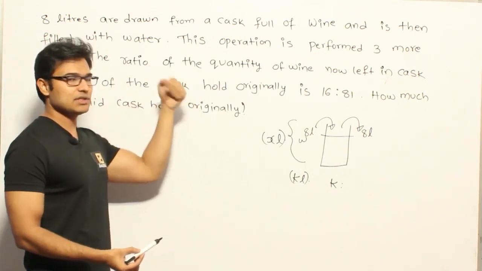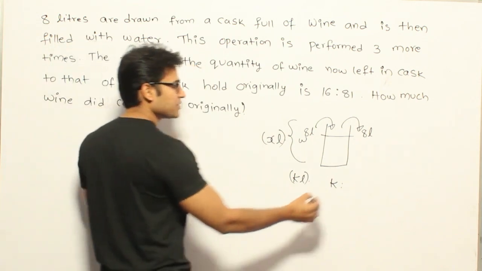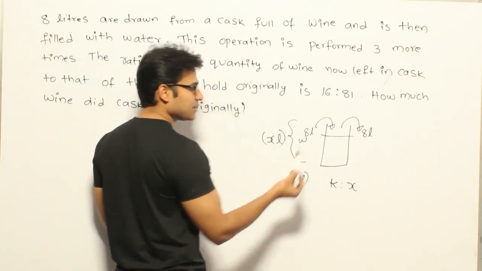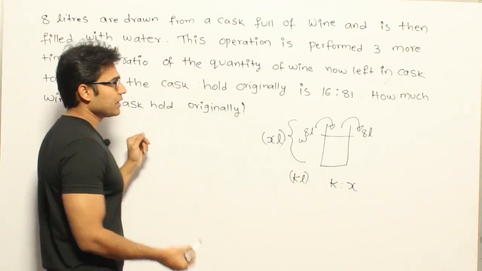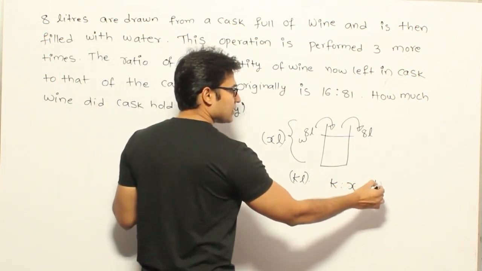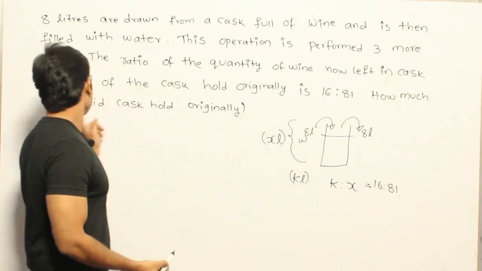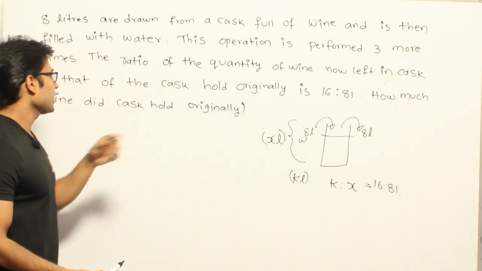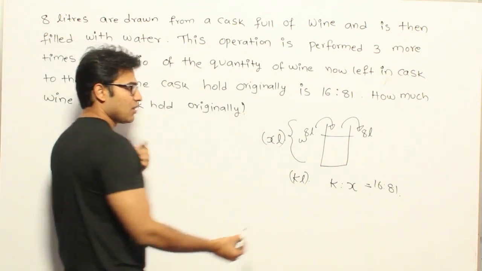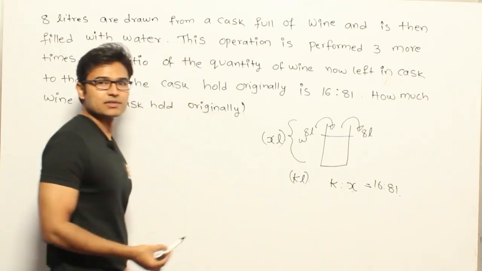Cask hold originally means initially, however much was there. So if you assume that x liters was there, then they are saying that k is to x is 16:81. Now they are asking how much wine did the cask hold originally, which means what is the value of x.